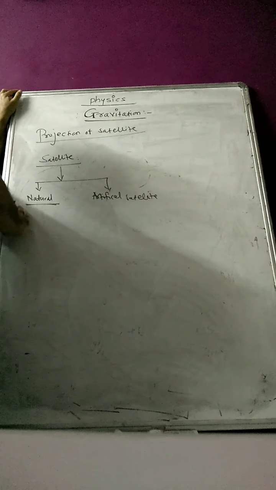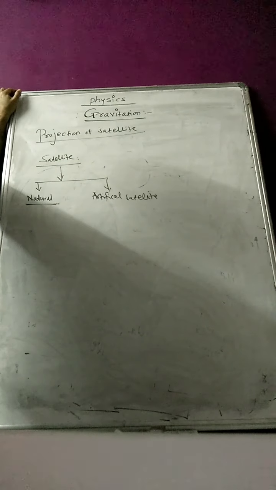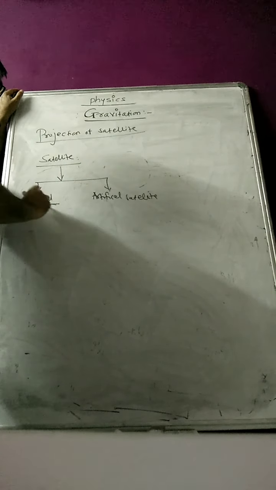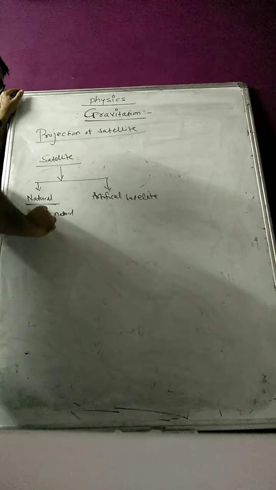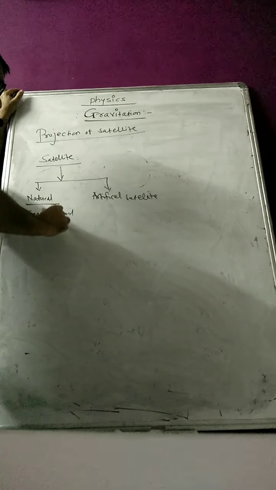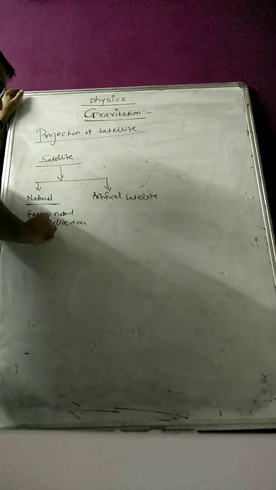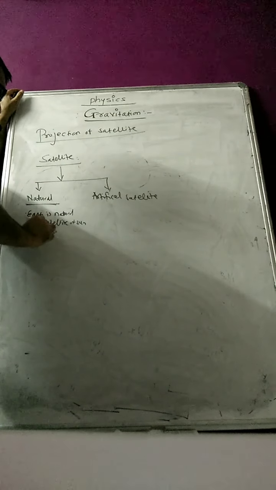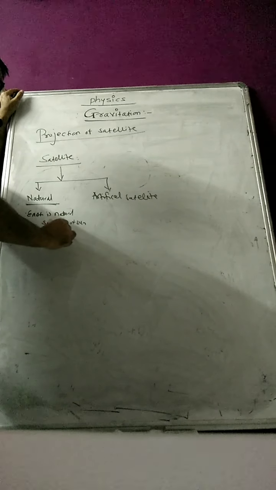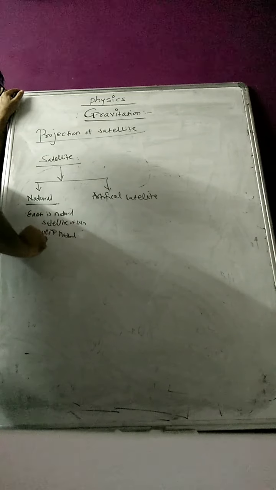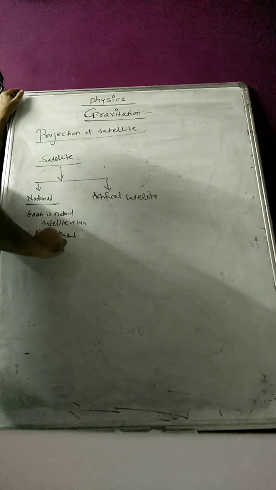Earth revolves around the sun, so earth is the natural satellite of the sun. The moon is the natural satellite of the earth.